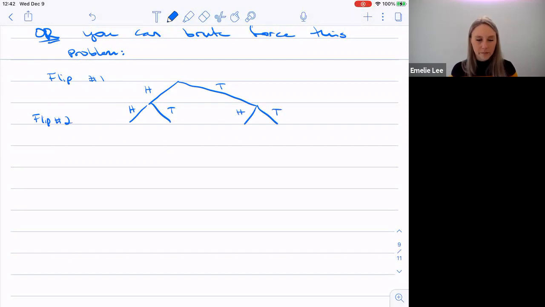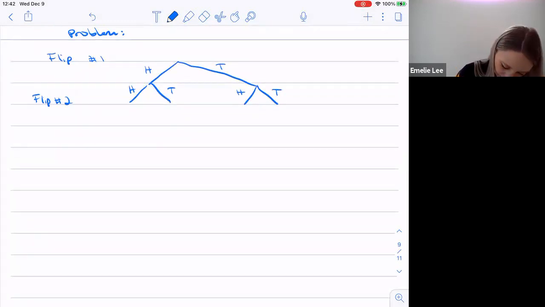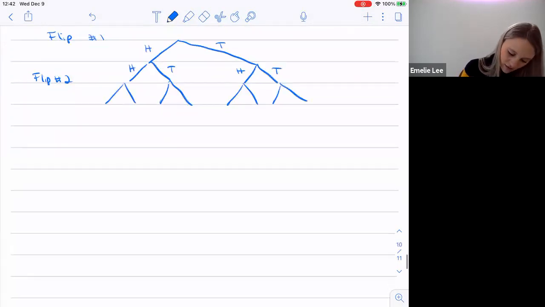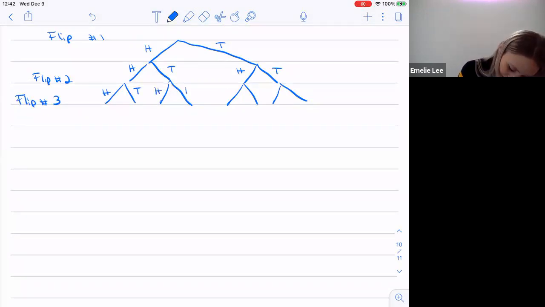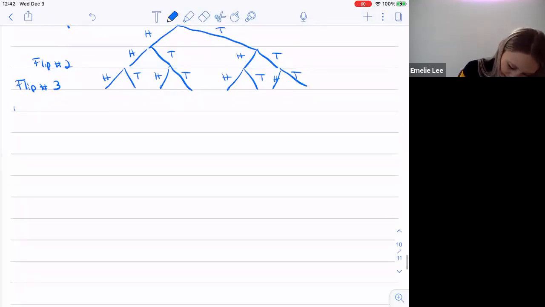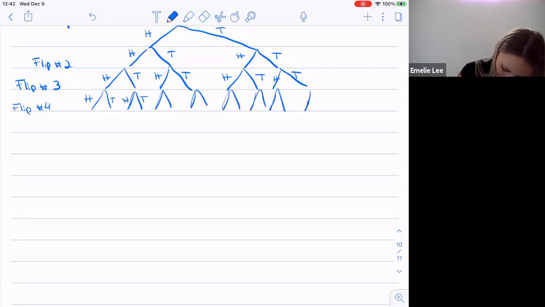Flip number 3, 1, 2, 3, 4, 5, 6, 7, 8: head, tail, head, tail, head, tail, head, tail. Finally, flip number 4: head, tail. I'll just do these.